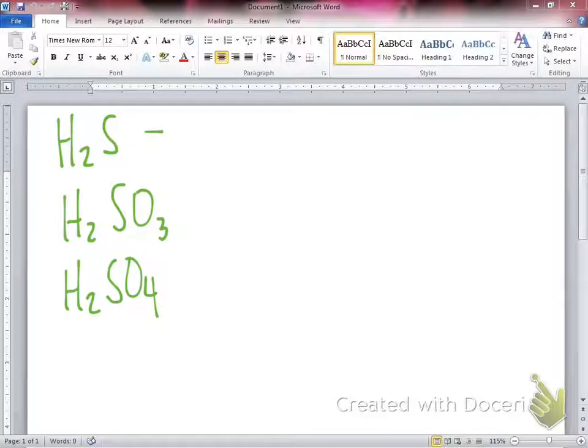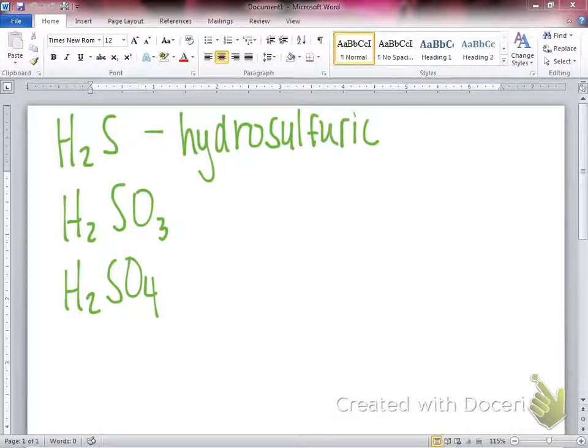H2S is a binary acid, which means it is hydrosulfuric acid. Then we take a look at these. We see there's an oxygen in there, so we know it's an oxy acid. So we've got to pay attention to our polyatomic ion endings now. SO3 polyatomic ion is sulfite.